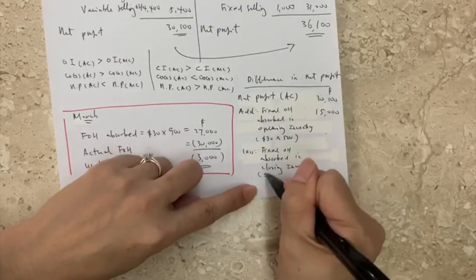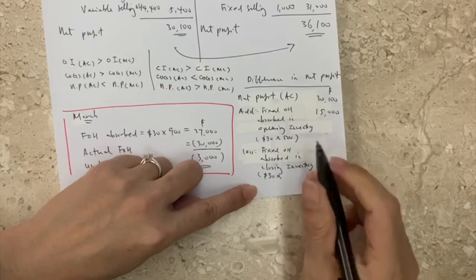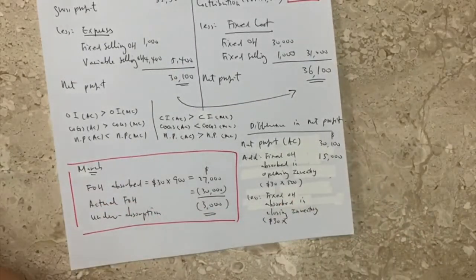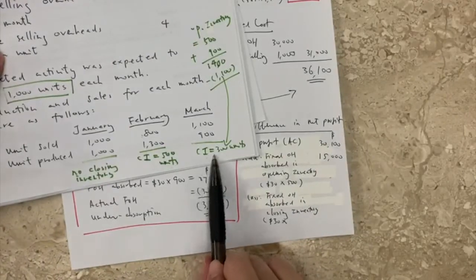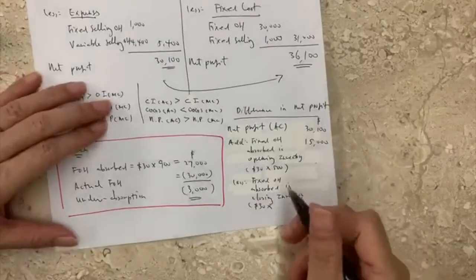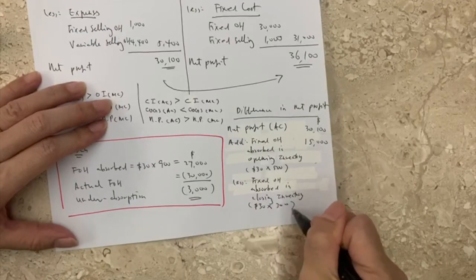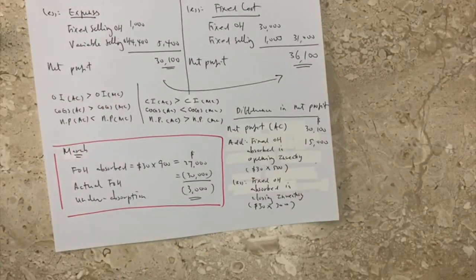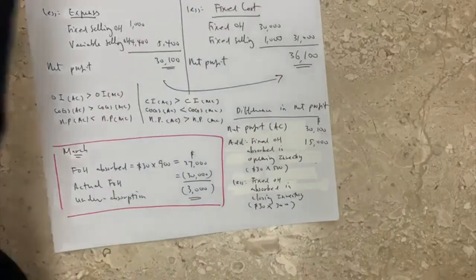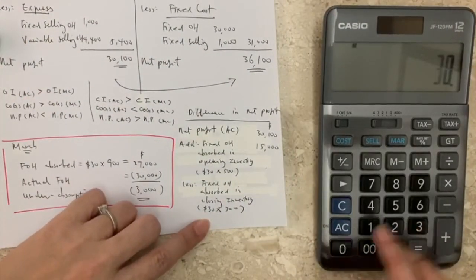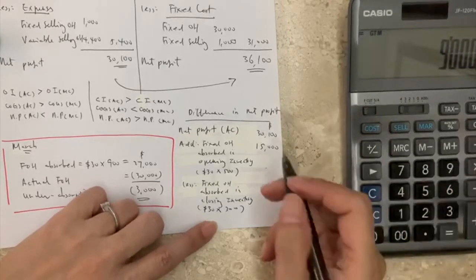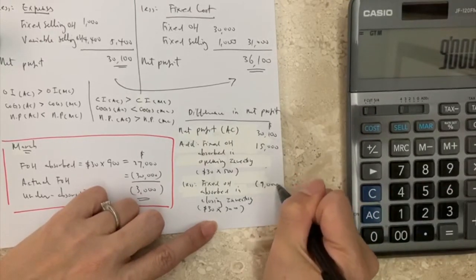Again, the fixed is 30 times the closing number of units left. Here are the closing units, 300 left. So I have 30 times 300, minus 9,000.